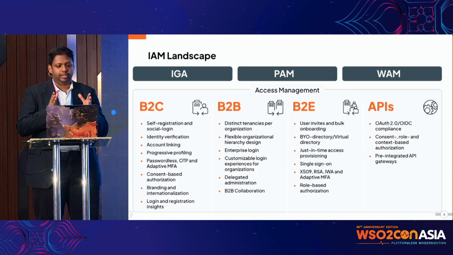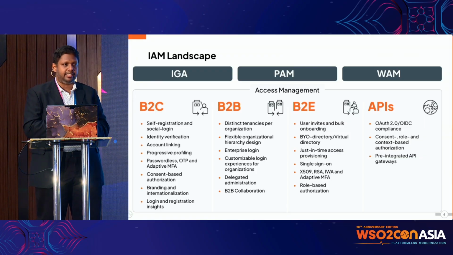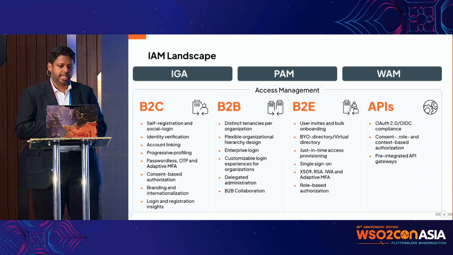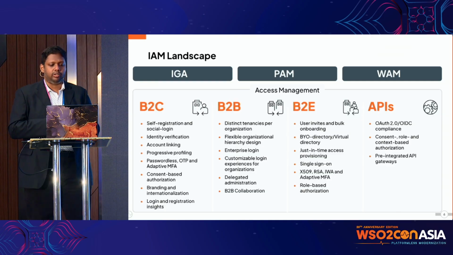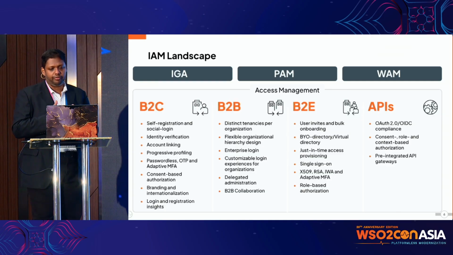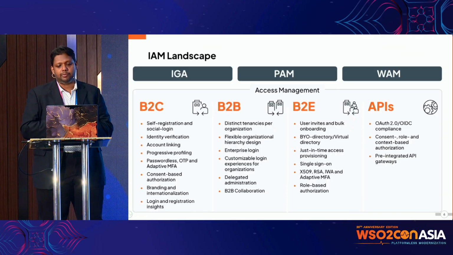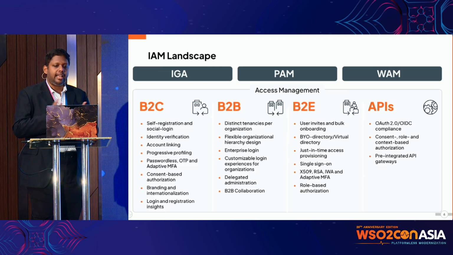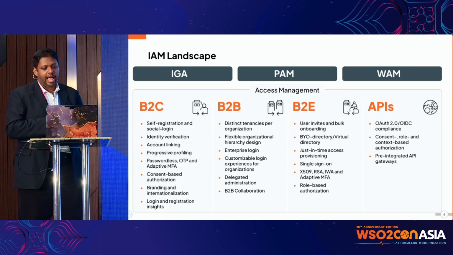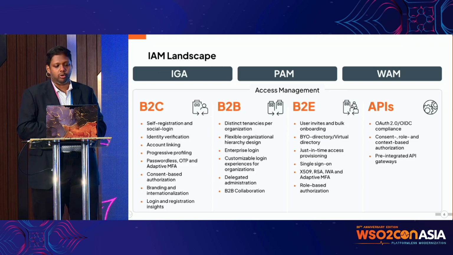When it's a small organization with centralized IAM, maybe you don't need IGA. Privileged access management is somewhat the same thing. In certain cases, you may need privileged access management. And web access management is mostly for when you have legacy applications that cannot work using standard protocols. So these are specialized needs, but access management is a common requirement for most organizations.